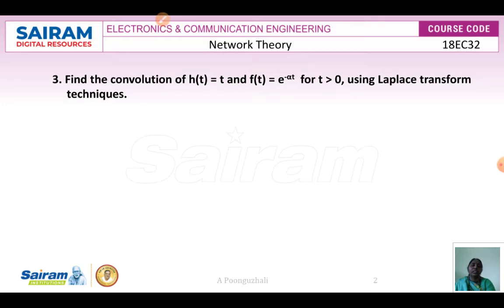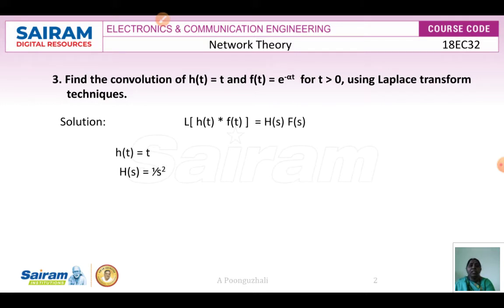First we find h of s, then f of s. We know that the Laplace transform of h of t convoluted with f of t is equal to h of s into f of s. Here h of t is equal to t, and the Laplace transform h of s is 1 by s square.